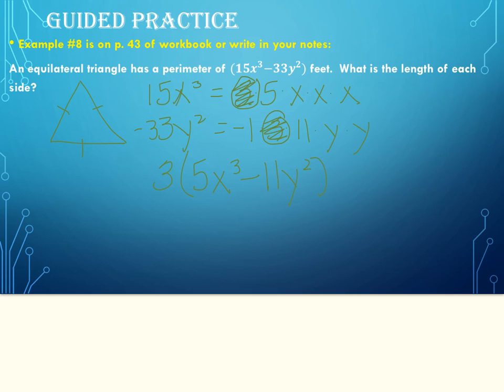And because it's 3 times this quantity, and it's an equilateral triangle, this is the length of each side. So each side equals 5x cubed minus 11y squared.